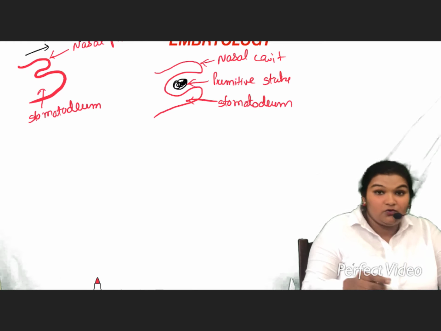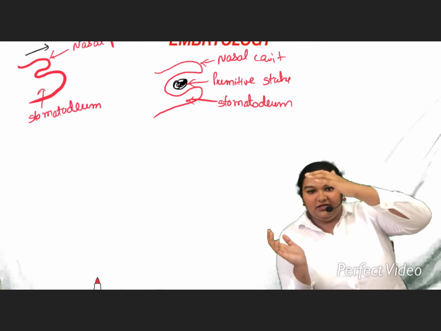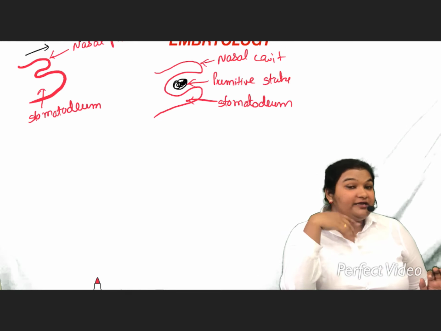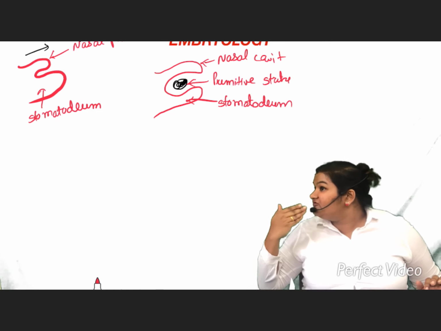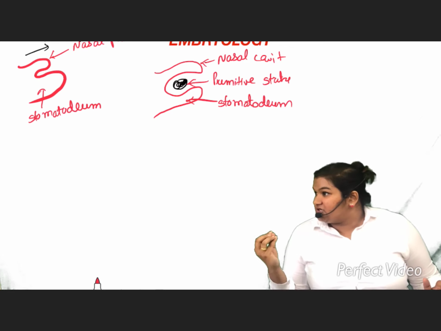Right. Now look here. This nasal cavity is upward. It will grow medially. See, I am giving you an idea when we have a sagittal section. When we have a sagittal section, this is a nasal cavity and this is the oral cavity. This is a developed structure.